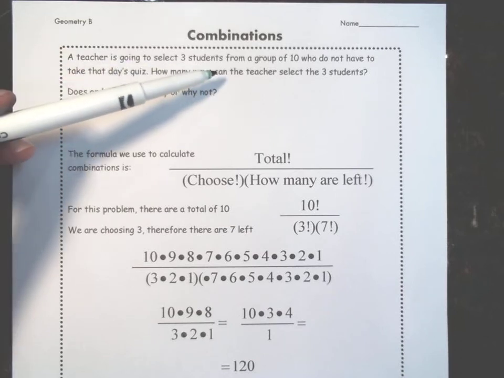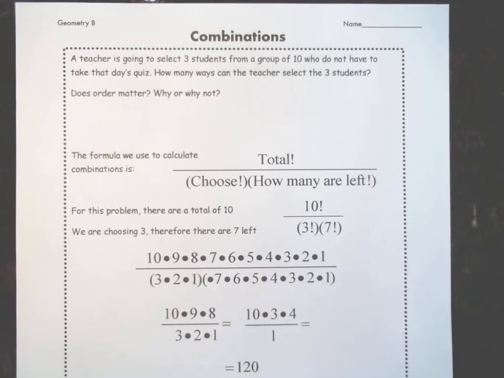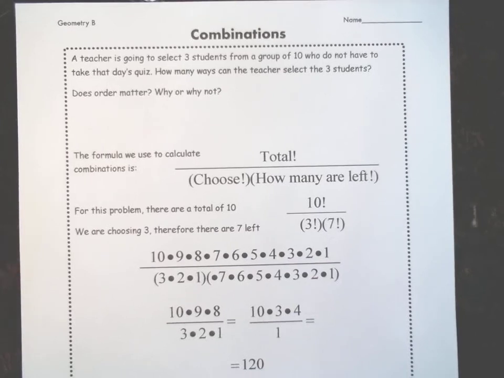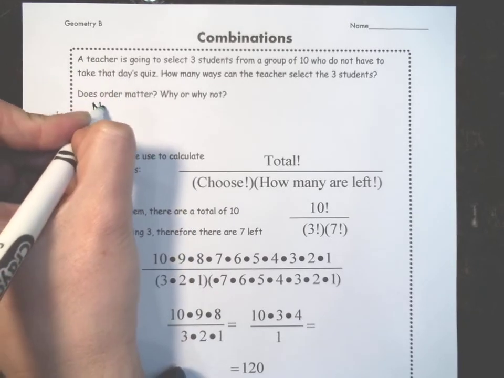How many ways can the teacher select the 3 students? So does order matter? Why or why not? Does it matter if she picks student 1, 2, and 3 don't have to take the test, or if she selects student 3, 2, and 1? Either way, they don't have to take the test, students 1, 2, and 3. So order does not matter.